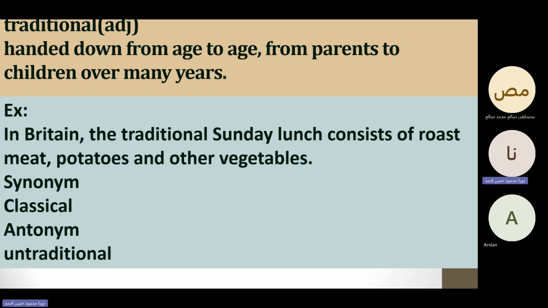If you look at the word traditional here, it means something that they are used to do from a long time ago, and it's traditional. The synonym for the word traditional is classical. Classical. And the antonym would be untraditional. Untraditional.